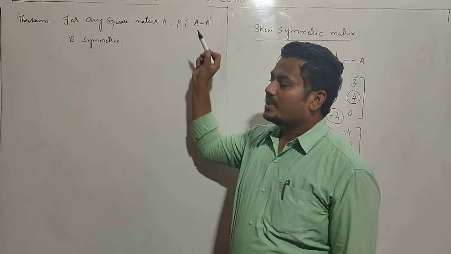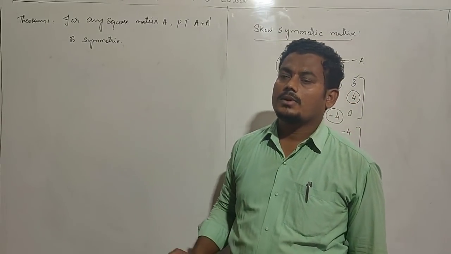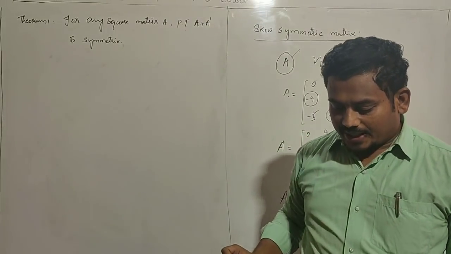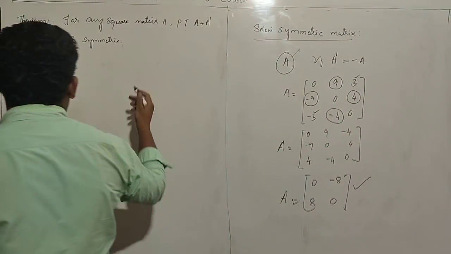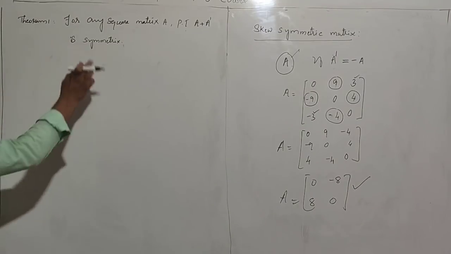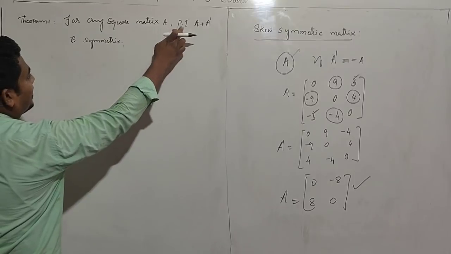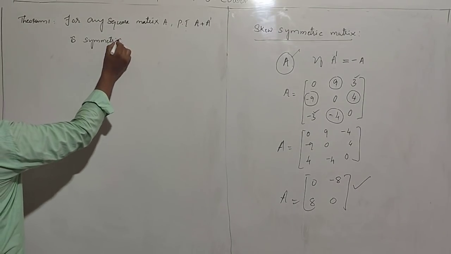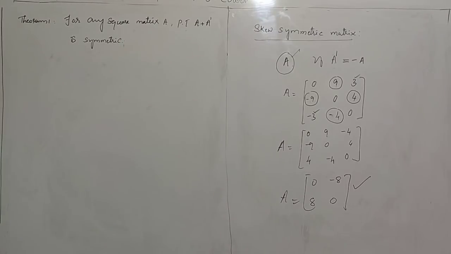It is one of the very important 2-mark questions. For any square matrix capital A, prove that A plus A transpose is symmetric matrix.